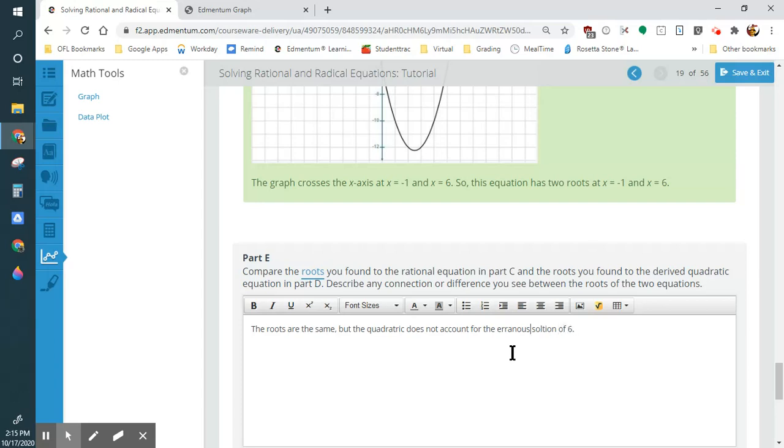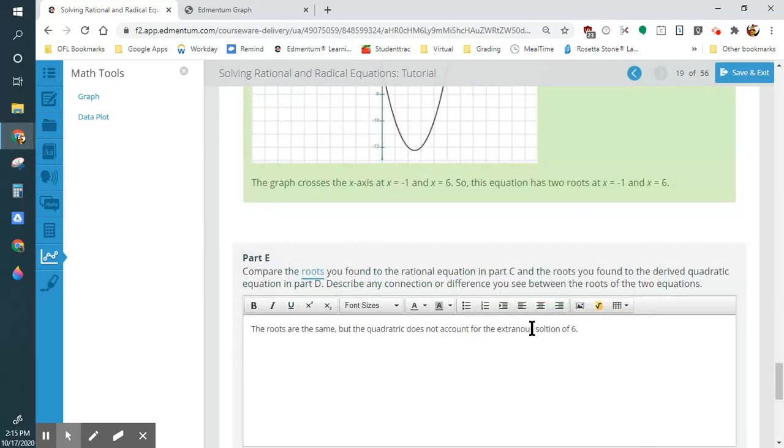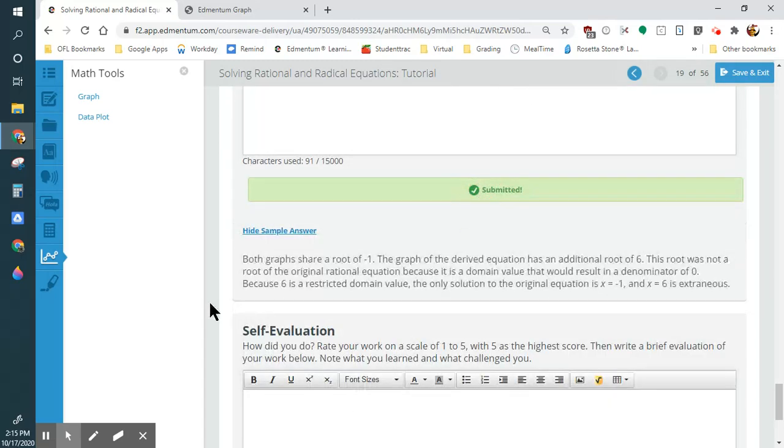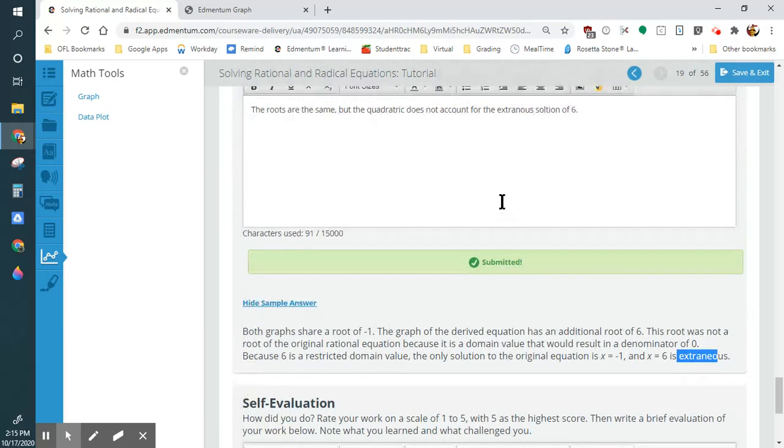I think I said, I think it's supposed to be extraneous. I've never learned the correct word for this. I'm sorry, guys. The extraneous solution. I think it's supposed to be erroneous. Well, we'll find out right now. Extraneous. Oh, I was right. Extraneous. I just forgot the E.